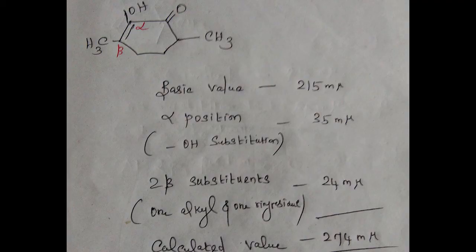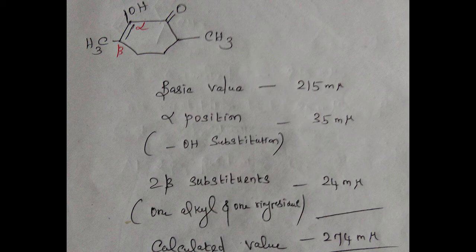Look into the next example. The given compound is an alpha beta unsaturated 6 member ring ketone, and it has 1 OH substitution at the alpha position and 2 beta substituents, that is 1 alkyl and another one a ring residue.